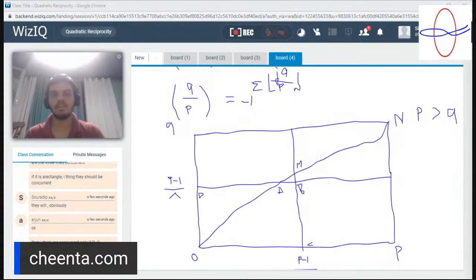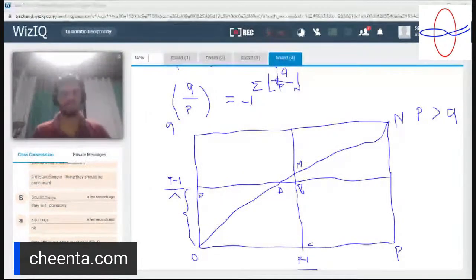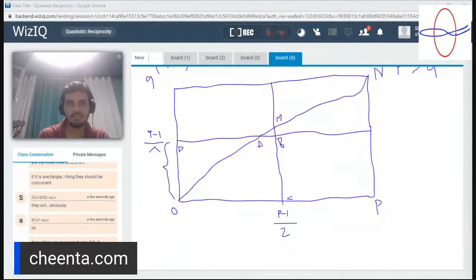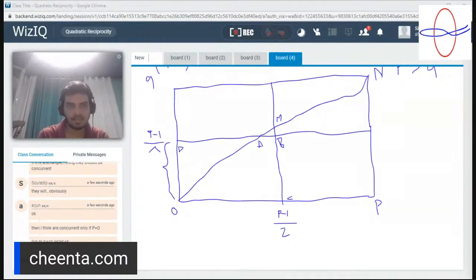Now we look at different ways to find all of the lattice points contained in this rectangle OCBD. To make the maths simple, we look at all the lattice points completely within this rectangle, as well as all of the lattice points on this line and on this line.